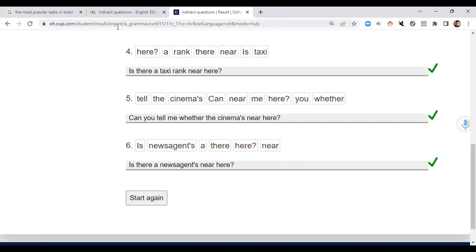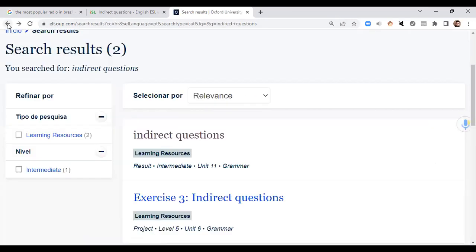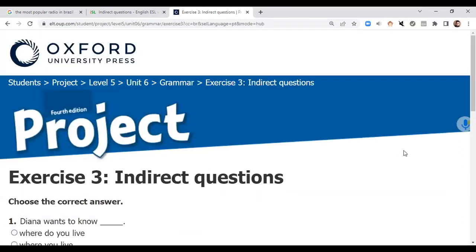Very good. Okay, let's work with one more example.